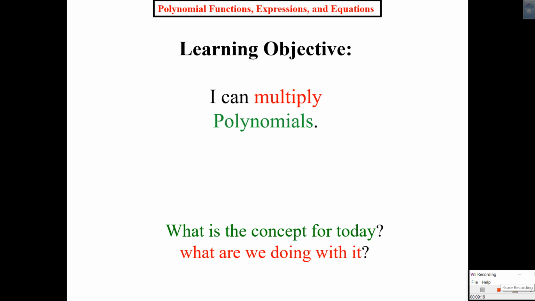I can multiply polynomials. So by now we don't need a Frayer model because we know what polynomials are, yes? So without looking at your notes, tell your neighbor the definition for polynomials, please. All right, type that definition on your screen. You got 30 seconds. Go. No notes.